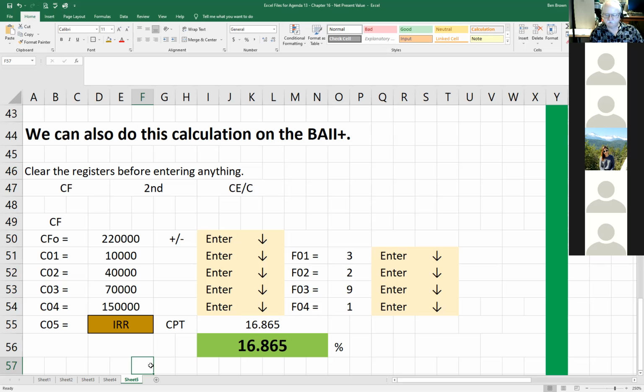How's your calculator doing? Mine isn't doing anything. Oh, maybe because I haven't pressed compute. Okay, that helps. 16.865020. So 16.865%.